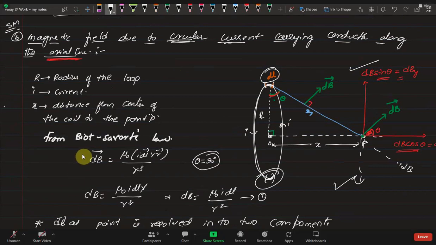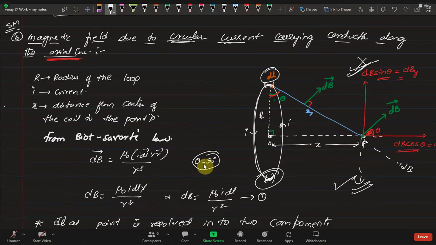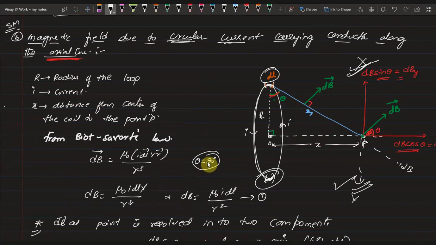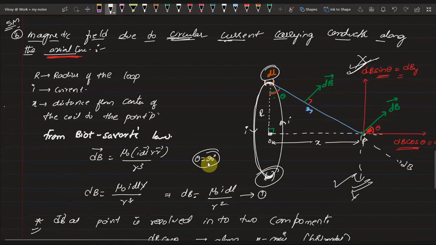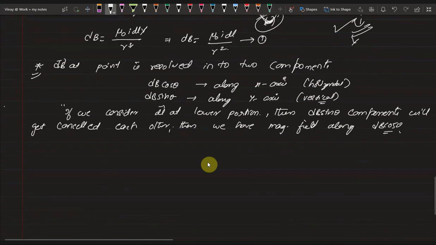Due to the upper portion, magnetic field is in upward direction. Due to the lower portion, magnetic field is in downward direction. Therefore, the upward and downward magnetic fields will cancel each other. Then we'll get magnetic field only along the x-axis.